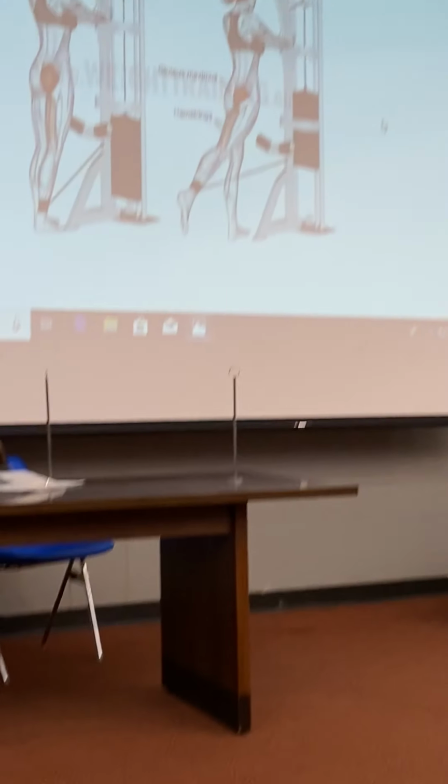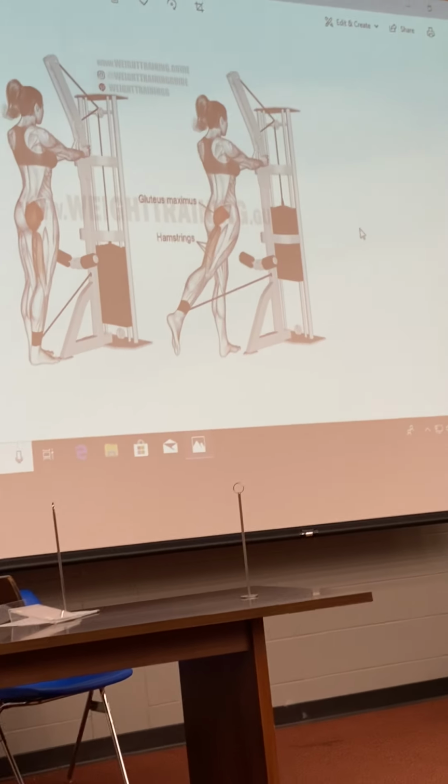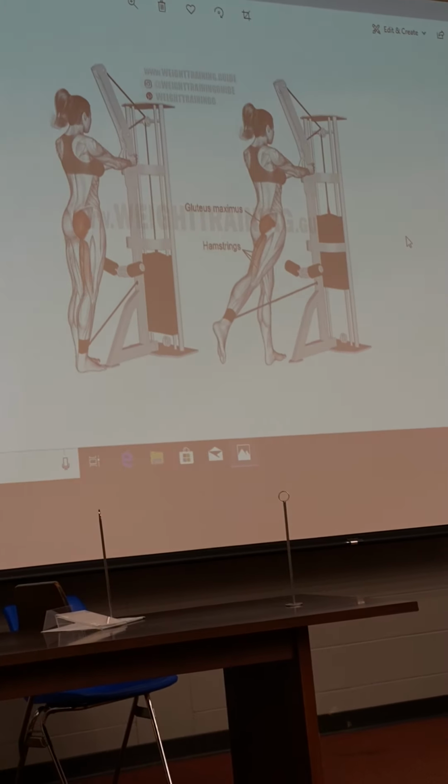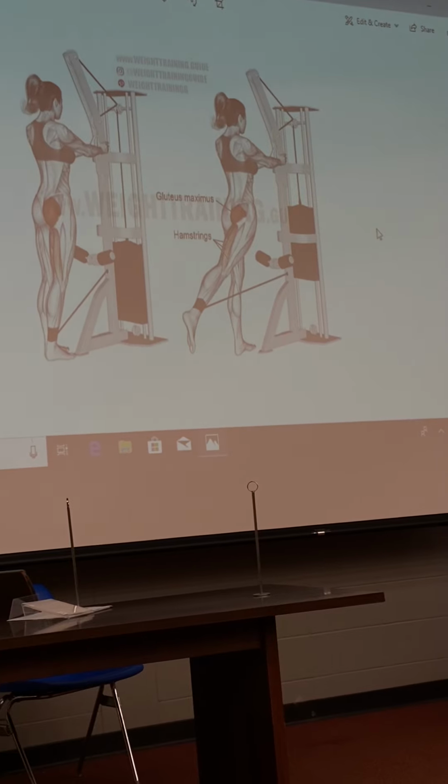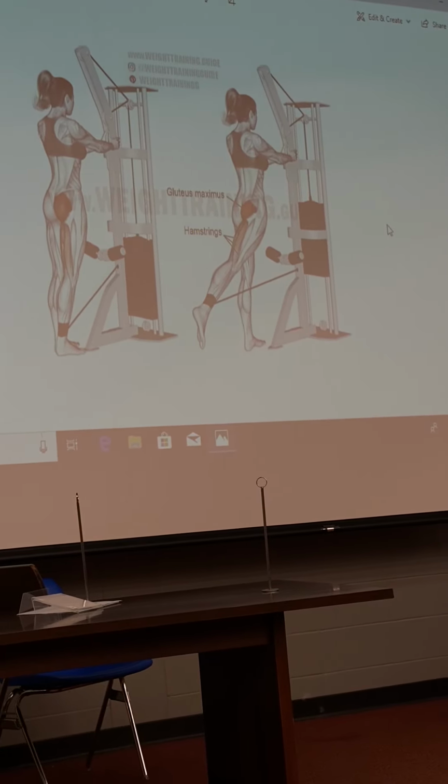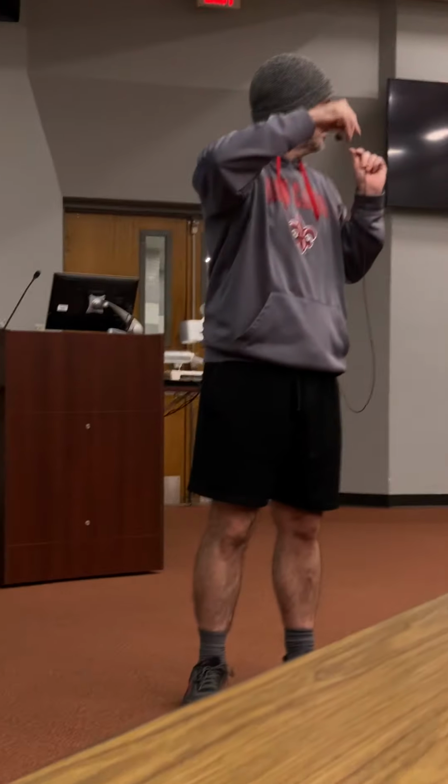Okay, someone asked for a hip example. I like this picture because it shows you the hamstrings, but that's a group within a group. Those are specific muscles: semimembranosus, semitendinosus, biceps femoris long head, and the gluteus maximus.